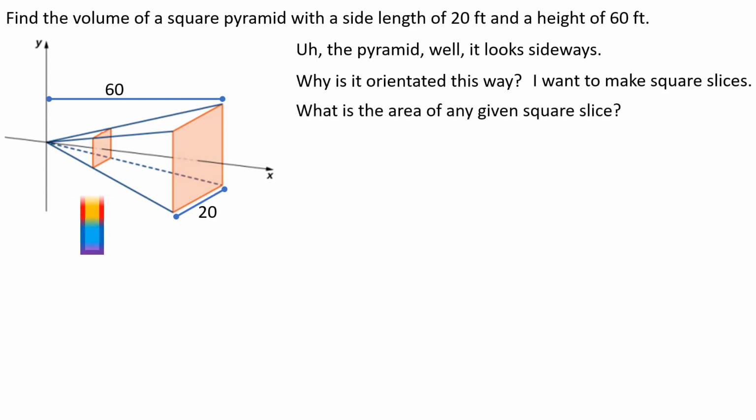So what is going to be the area of any given square slice? Not the base. I know the base is 20 by 20. But if I just grab one of the slices from somewhere inside that pyramid, what is the area of that slice?